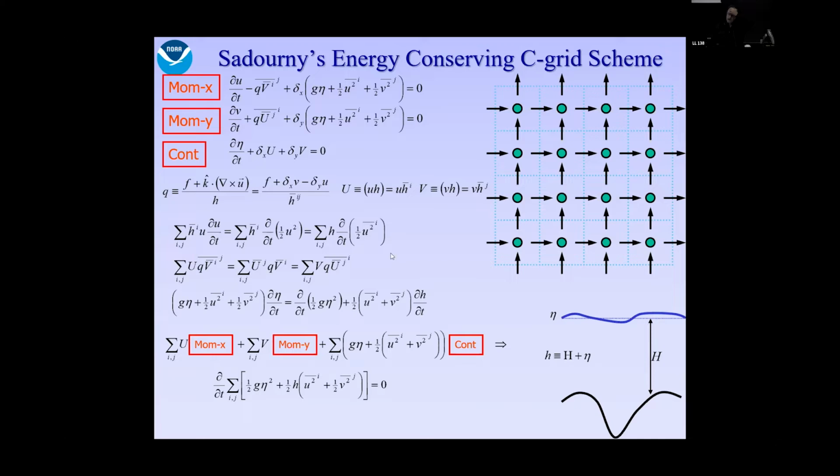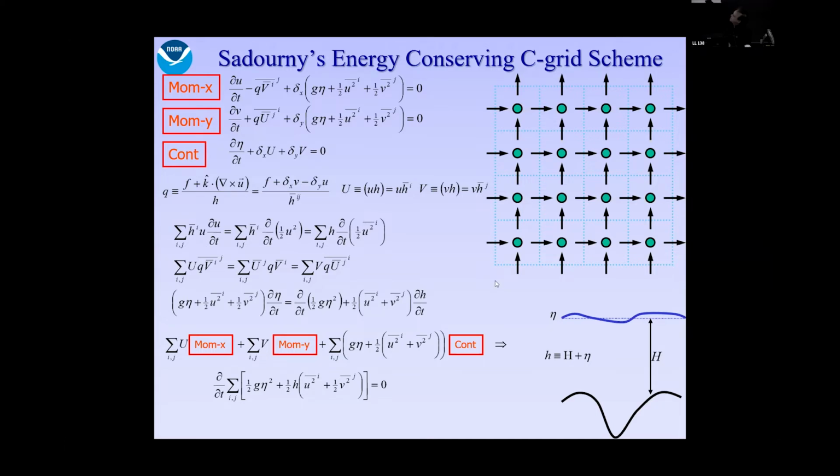So the nonlinear discretizations that we use tend to be straightforward for the momentum equations with one kind of critical piece. We invariably solve the momentum equations in vector invariant form. And so here I've written them in vector invariant form, where Q is the potential vorticity at the vertices of the tracer points.